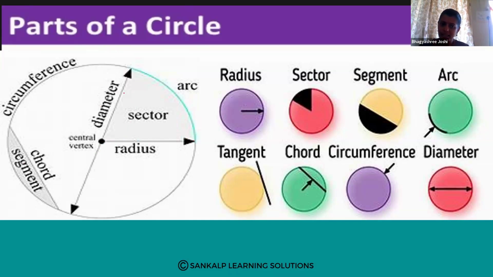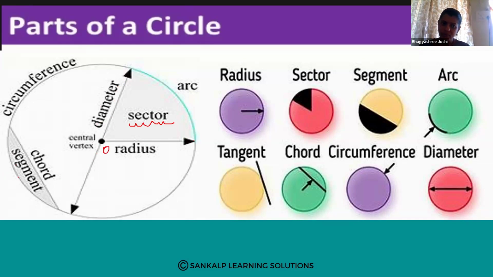If we take another radius, the area enclosed between the two radii we call a sector. Next, what do you mean by diameter? The line, or chord, which passes through the center of the circle is called the diameter of the circle.